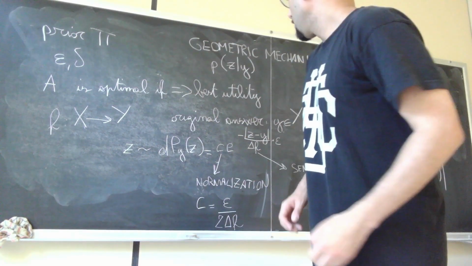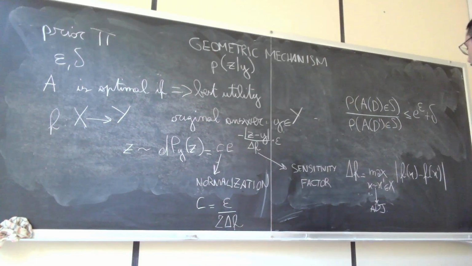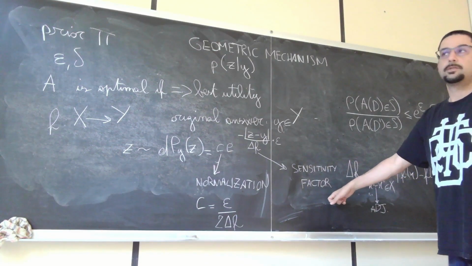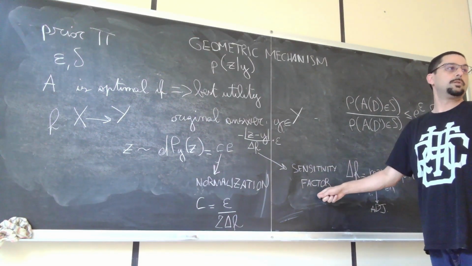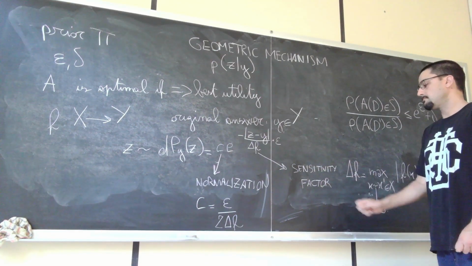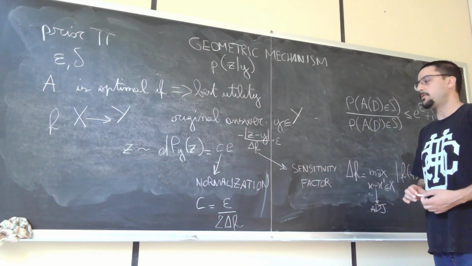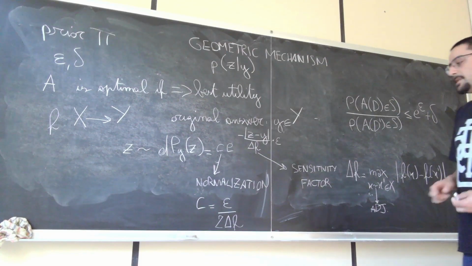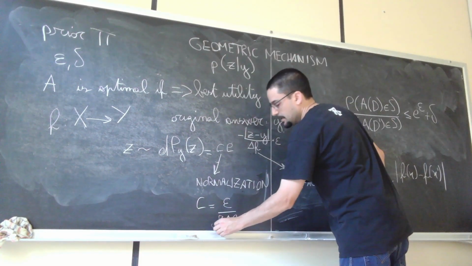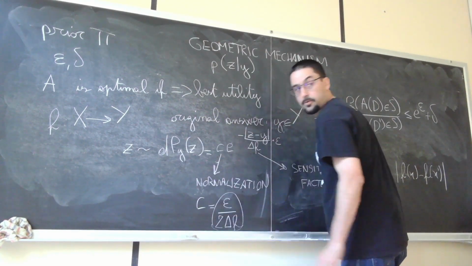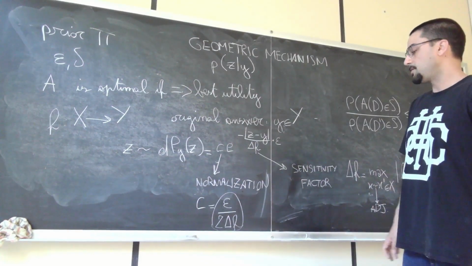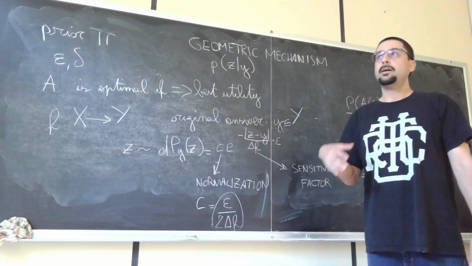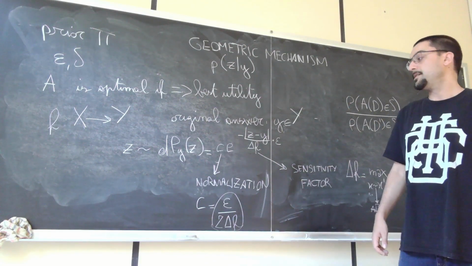Okay, so the idea here is that this sensitivity factor is controlling, in a certain sense, how much noise you're inputting into your perturbed or randomized query answer. And the normalization factor is like this. As you see, it is very simple. And this is the advantage of using the Laplace distribution as a differential privacy mechanism.